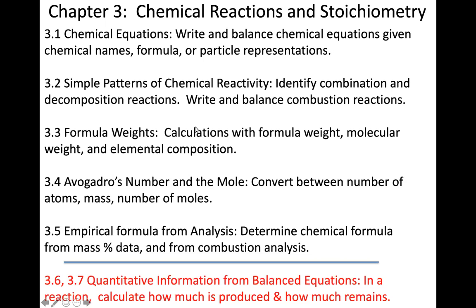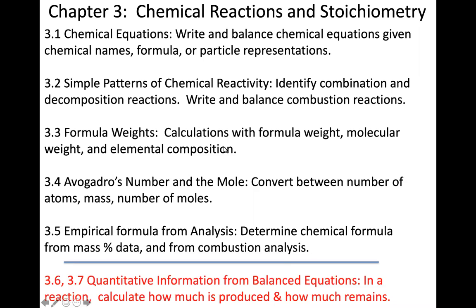So tonight we're going to talk some details pertaining to the upcoming midterm exam, and we're going to be exploring this idea that's at the end of chapter 3. It's in both sections 3.6 and 3.7. When it says using quantitative information from balanced equations, that's under the heading of stoichiometry.